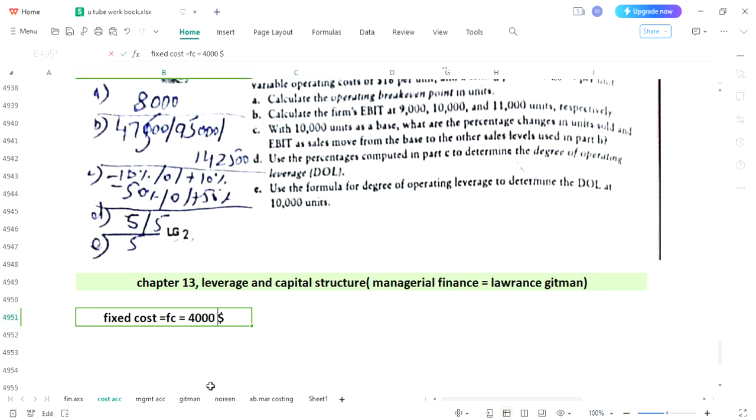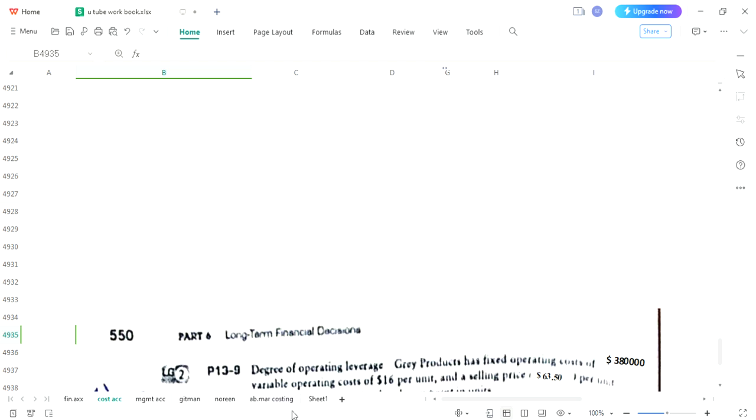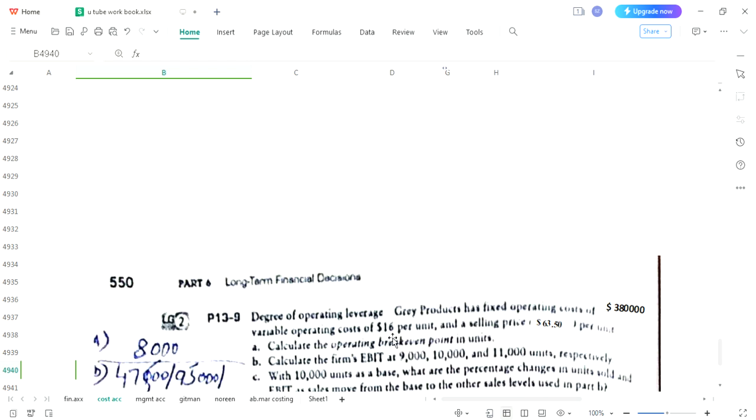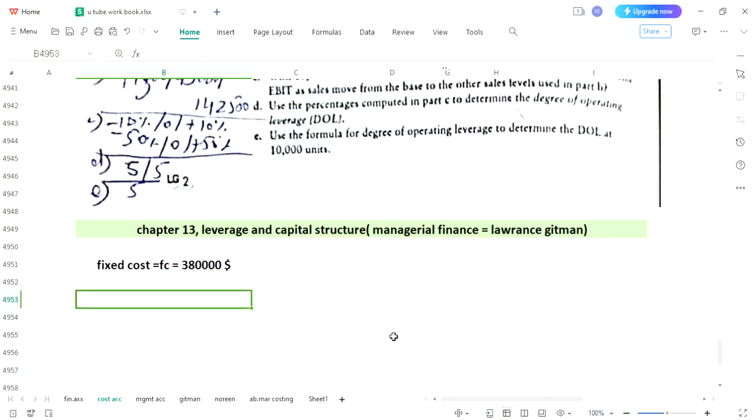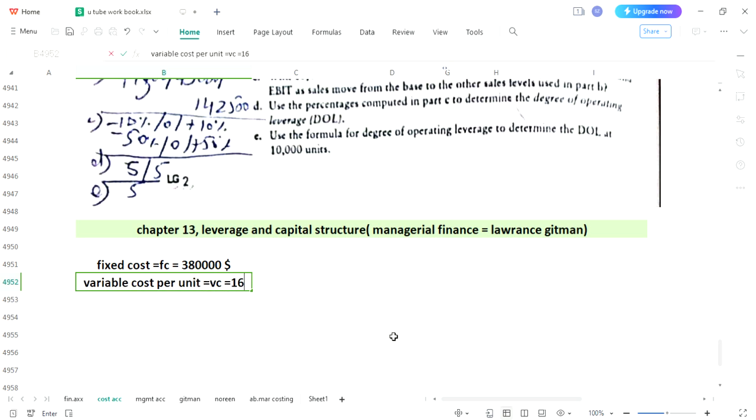So let's put 3,80,000 as fixed cost. The next thing which is given is variable cost. Look over here, variable operating cost is 16 per unit. The second factor, variable cost per unit, VC, is 16.